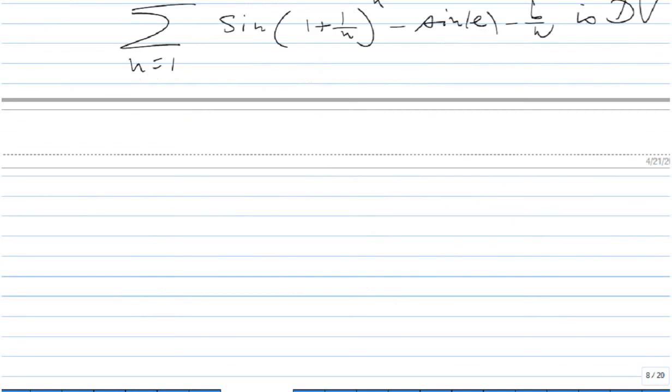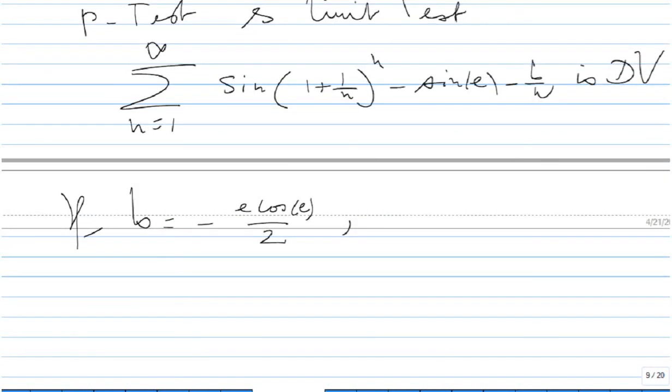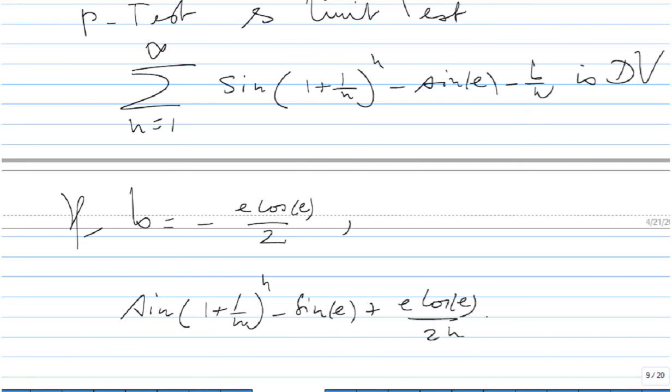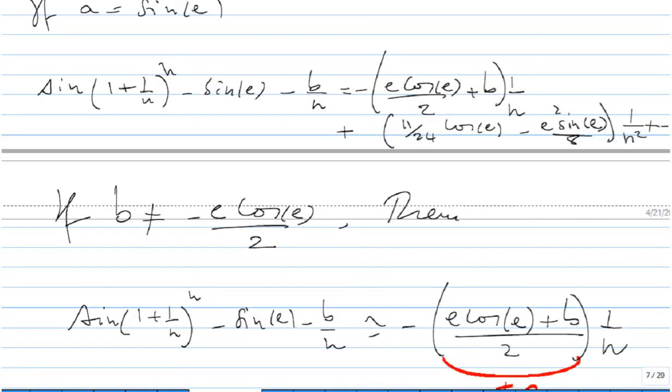So finally, if b is equal to minus e cosine of e over 2, then our term in the sum of sine of 1 plus 1 over n to the power n minus sine of e plus e cosine of e over 2n will be equal to this term here.